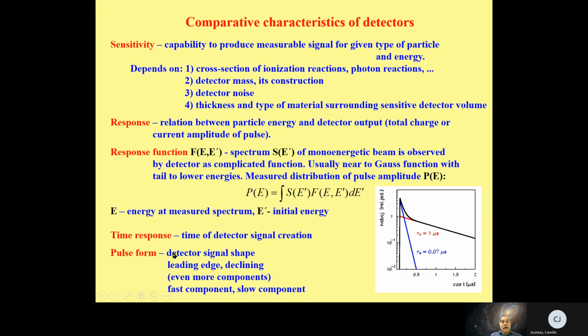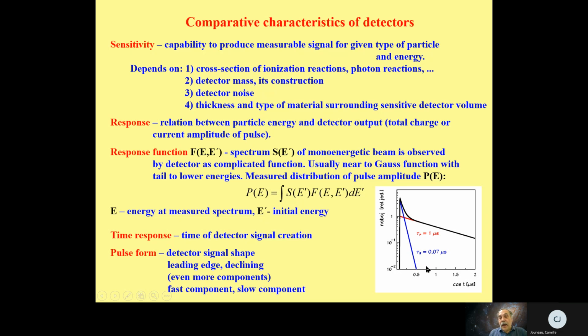And also there will be a different pulse form of this time response. That means it is the detector signal shape and how it looks, the leading edge and the declining edge. Sometimes we also have more components of this shape.